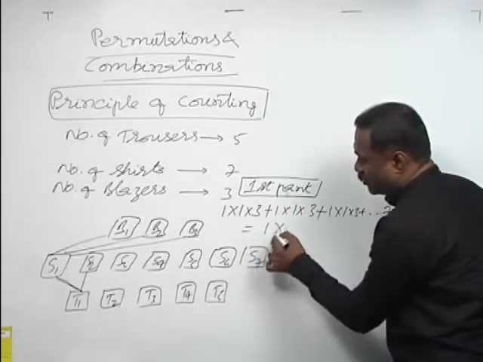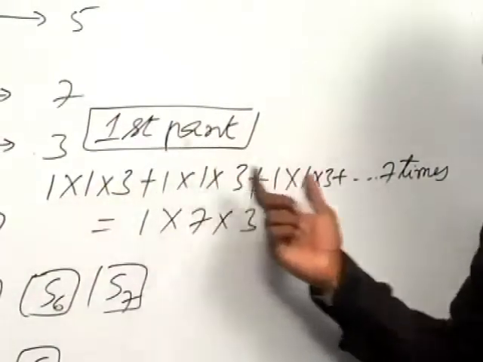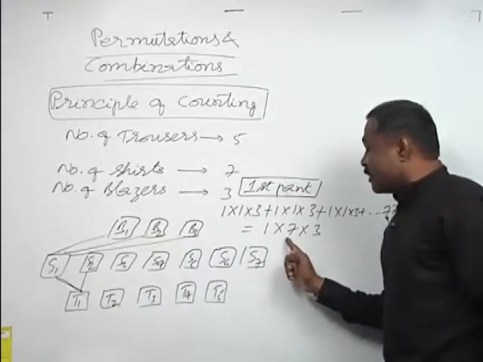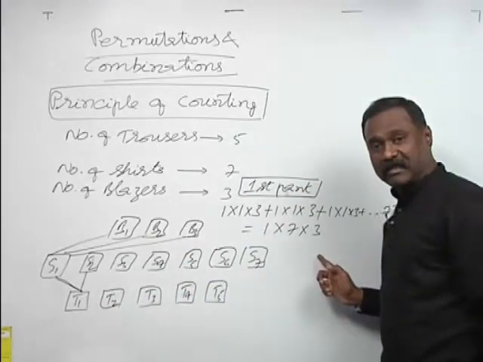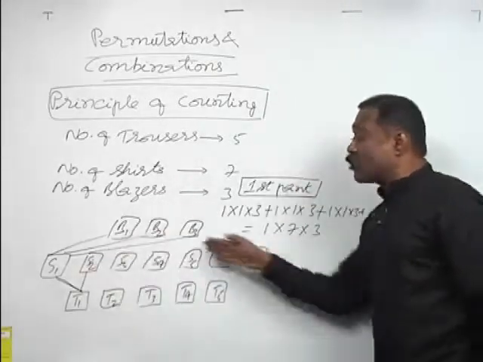So for the first pant, it is 1 into 7 into 3, these are added 7 times. You can understand, for the first pant, he has 7 into 3 combinations.